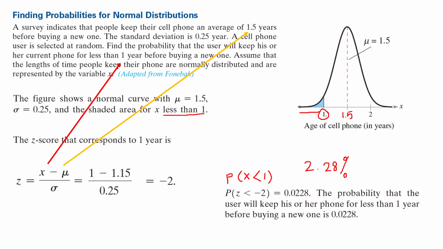You don't even need to do any calculation since this line divides up the area into two equal pieces and it's 100% under the normal curve. On the left, you have 50%. On the right, you have 50%. So what's the probability that they keep their phone less than 1.5 years? It is 50%. But less than 1 year, as you can see, is very small. It's 2.28%.